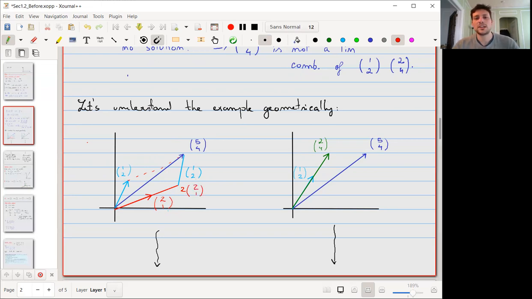But you see that we can't replicate the same thing in this case because 1, 2, and 2, 4 are on the same line. So they cannot span anything that is outside that line. There is no way that we can rescale them and add the scalar multiples together to get something that is off that green dashed line there.